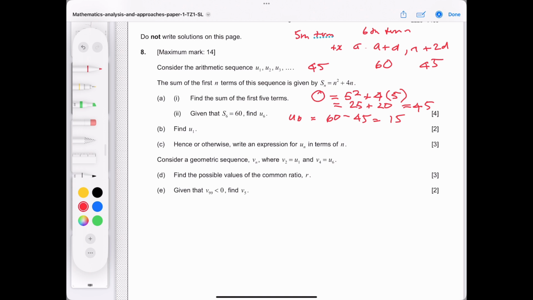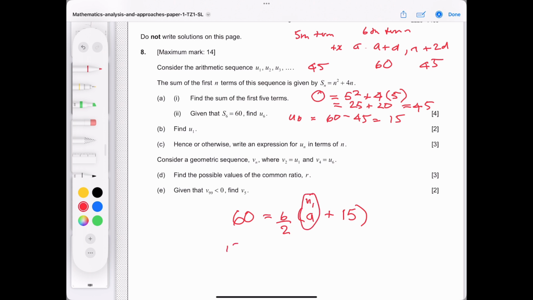So we know that the sum of the terms is 60, and we know that 6 over 2 times the term at the beginning, the A term, or the U1, which is what they call it here, plus the final term, which is 15, should all add up to 60.